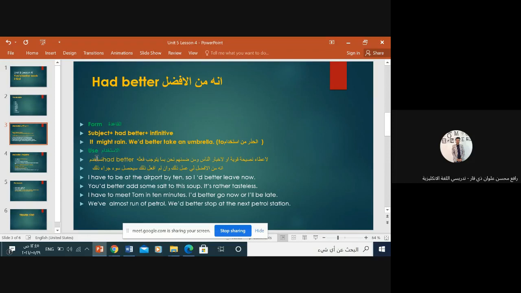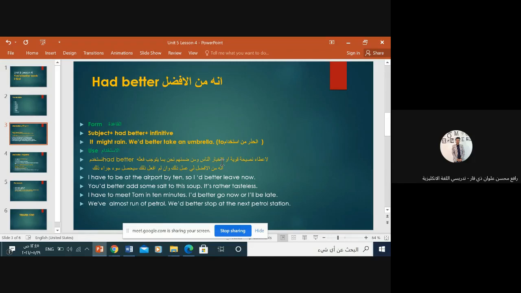يوصي الاستخدام، قلنا تستخدم لإعطاء النصيحة القوية، التشديد in your advice. So لإعطاء نصيحة قوية to إخبار الناس ومن ضمنهم نحن بما يتوجب علينا فعله، أو إنه من الأفضل لي عمل ذلك، وإن لم أفعل ذلك سيحصل سوء جراء ذلك. يعني هنا هو الاختلاف عن should.